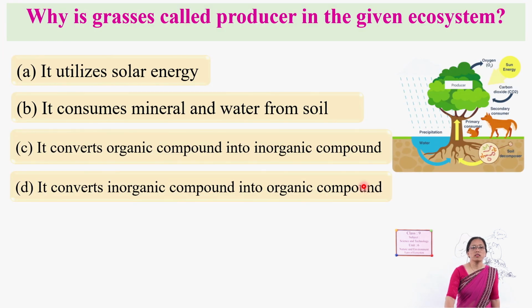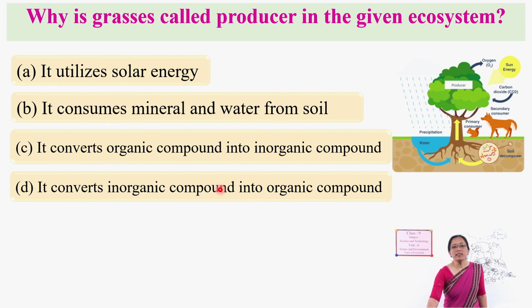Next question. Why are grasses called producers in the given picture? Here some grasses are growing, okay, and this plant is growing here. Why are these grasses and green plants called producers? As it utilizes solar energy, it consumes minerals and water from the soil, it converts organic compounds into inorganic compounds, or it converts inorganic compounds into organic compounds.